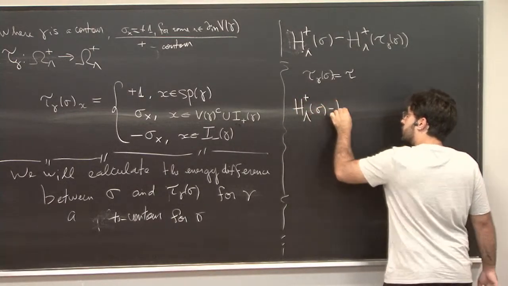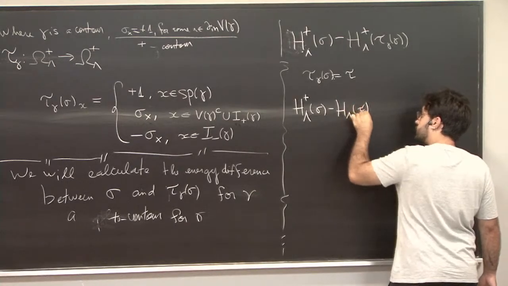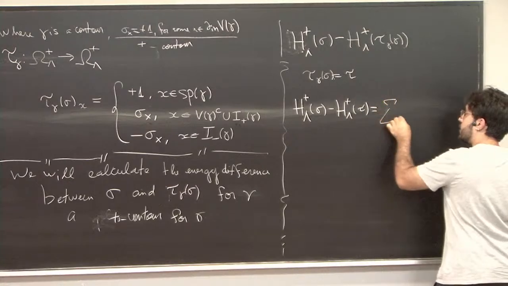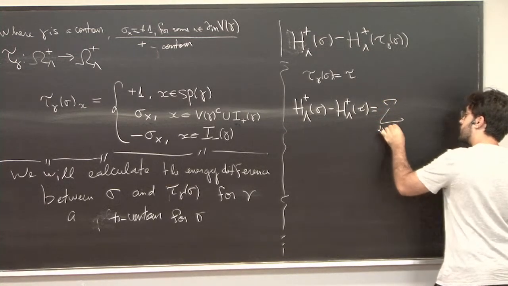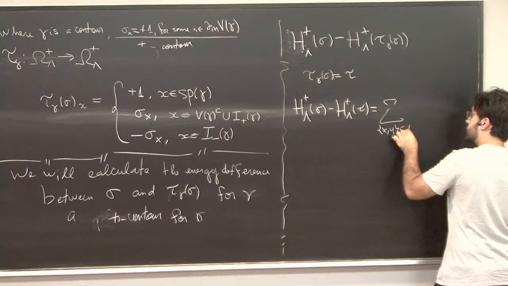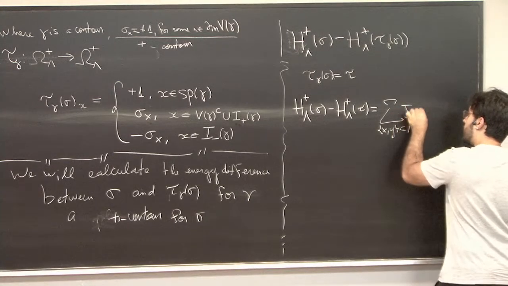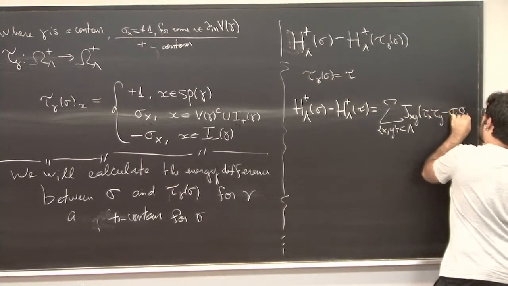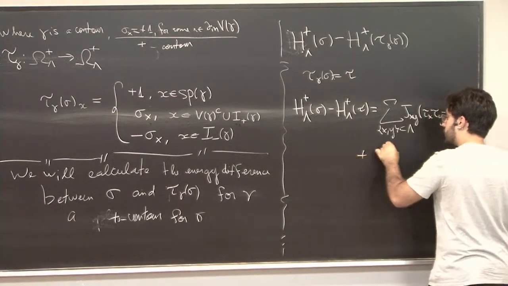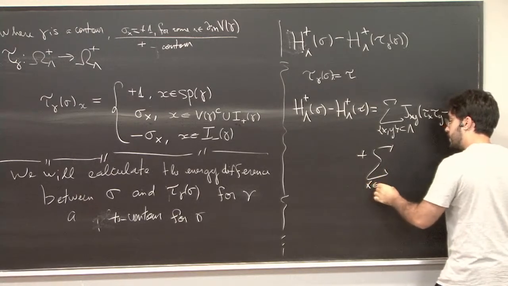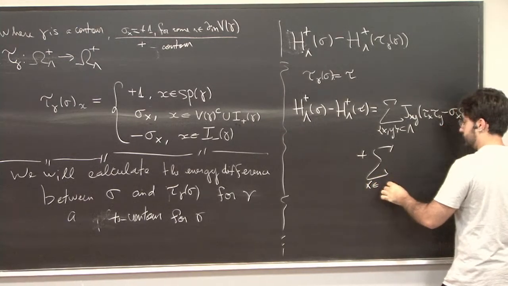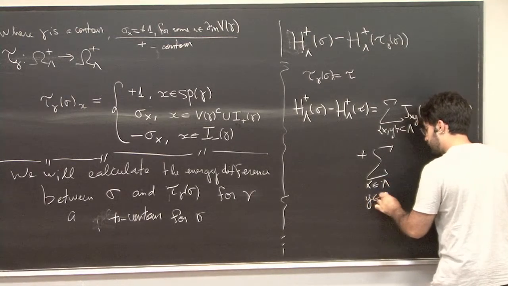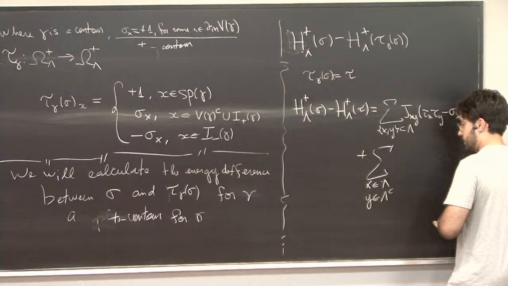And then we start the calculation. So what is this difference? This difference is the sum of all the local terms, J_xy tau x tau y minus sigma x sigma y, plus the sum, and this is the boundary condition term, okay?